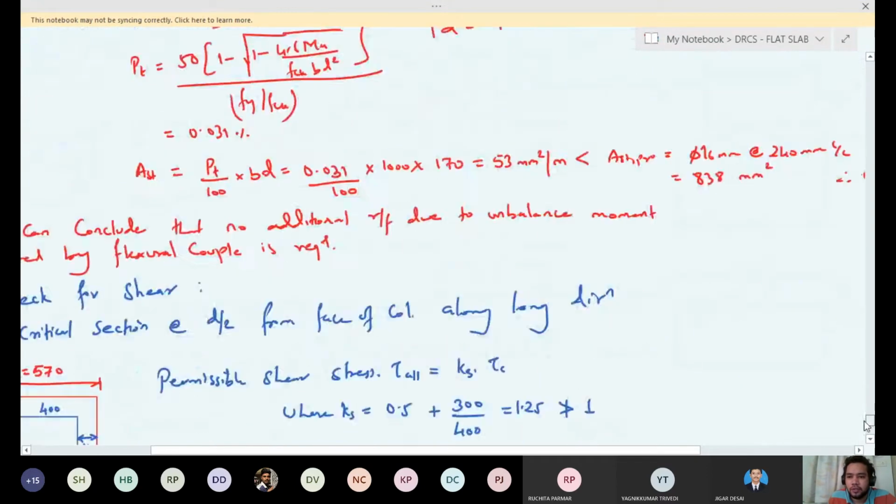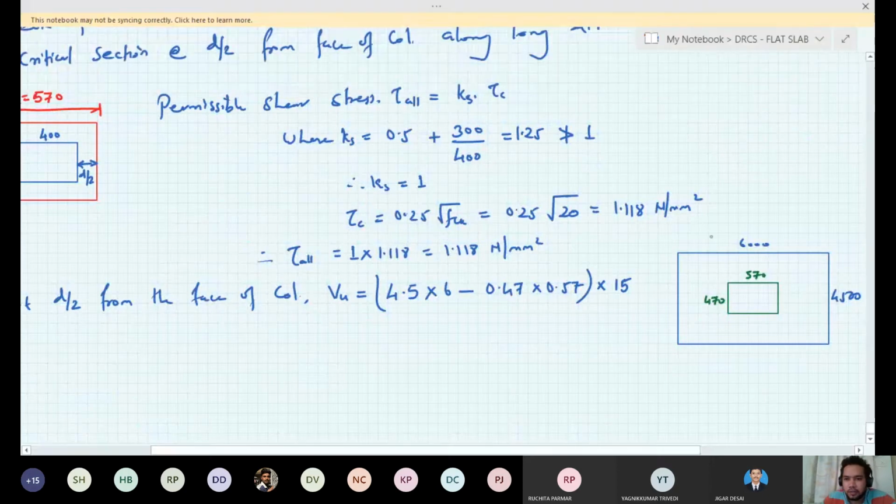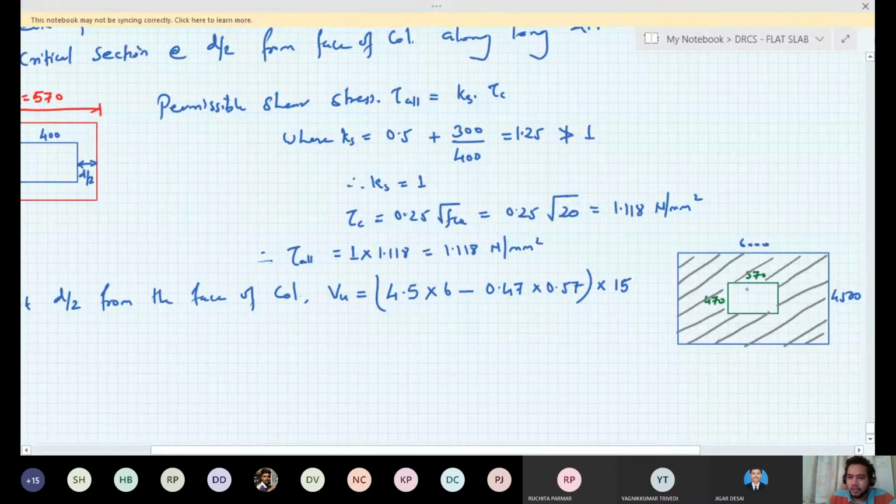So we will get the punching load on this part, meaning total area of the panel minus area of the critical section around the column, multiplied by the intensity of the area load, which is 15 kilonewton per meter square.